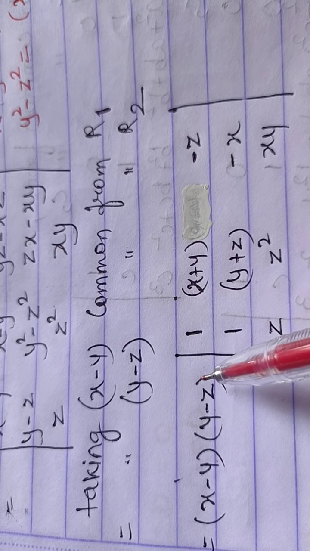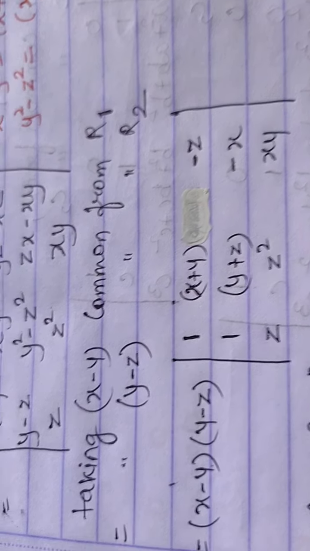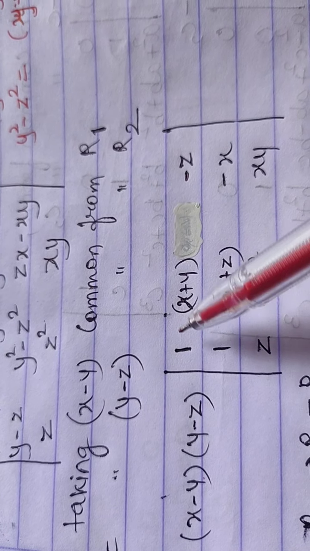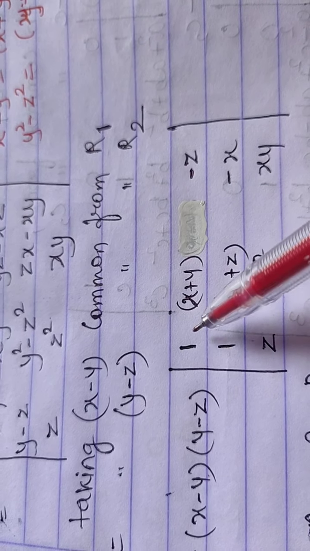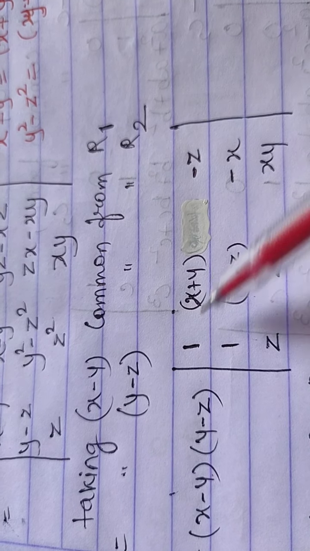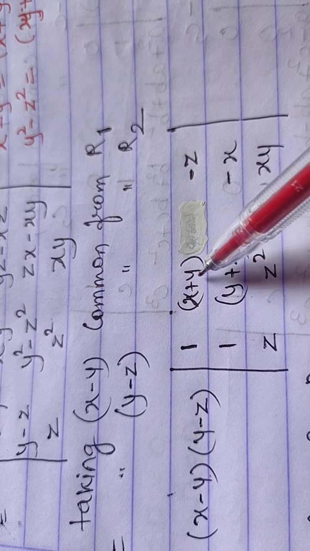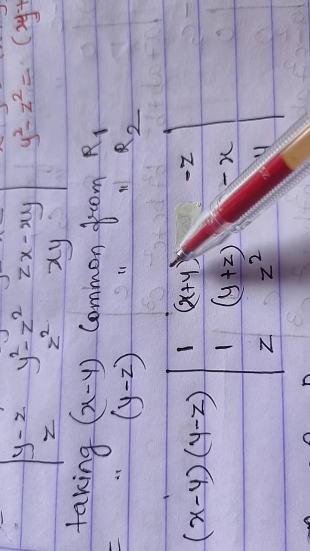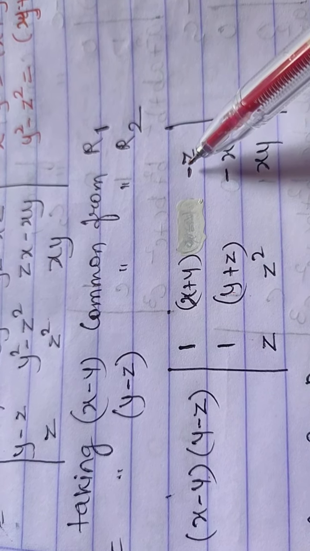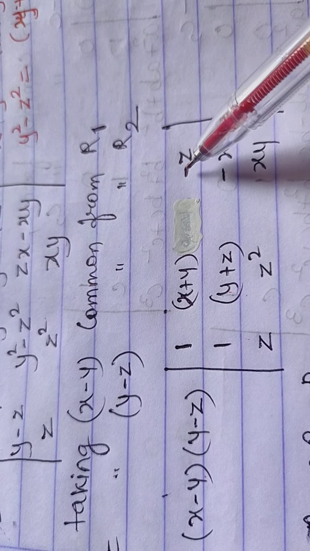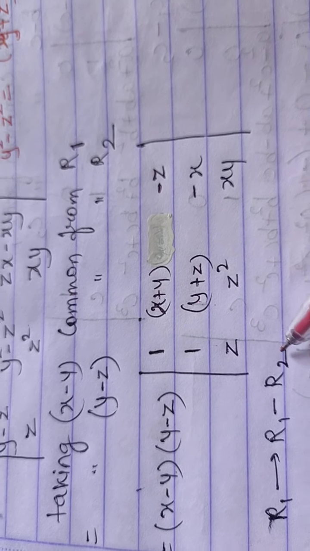Now we want z minus x. For that we will try to get another 0. When we do r1 changes to r1 minus r2, automatically 1 minus 1 gives 0. Then x plus y minus z, we can cancel, x minus z will be left, and here minus z plus x, that is x minus z again.